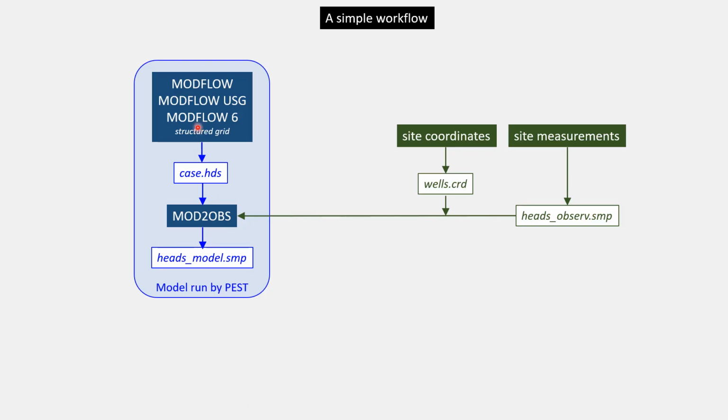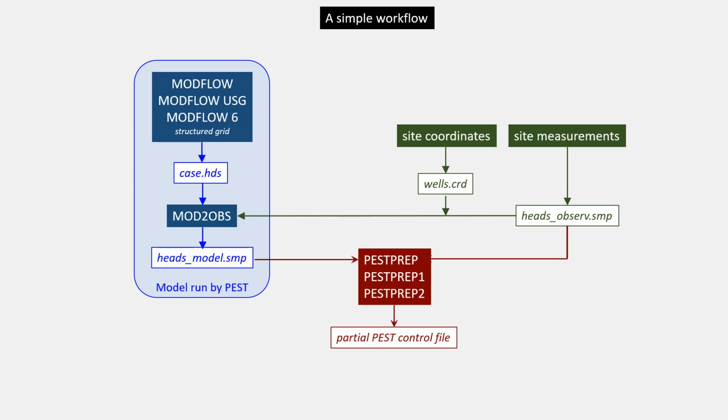As we said before, there'll be some preprocessors in front of the model as well, but this takes care of the back end of the model that's run by PEST. As we'll see in a minute, we can then use another program, one of the PEST prep suite, to write a partial PEST control file in which all the observation data that figures in the inversion problem is listed, and in which an instruction file is read that can read the file that is written by mod2obs.